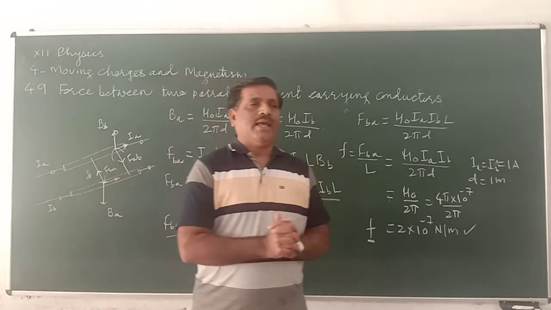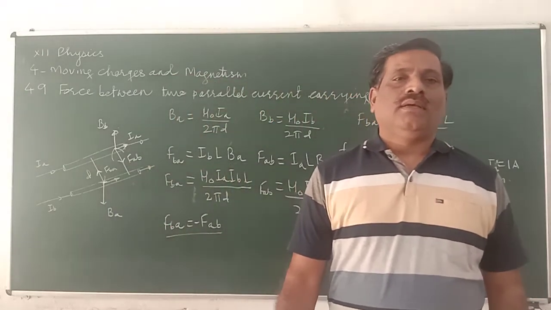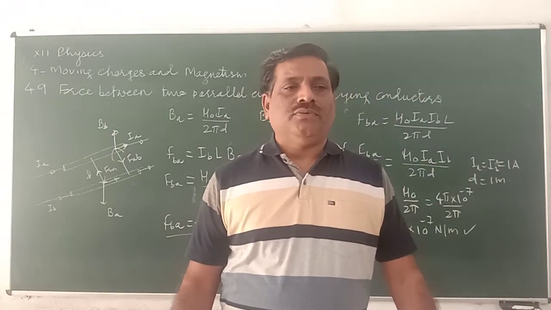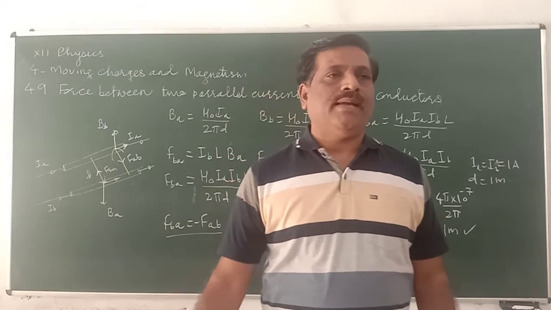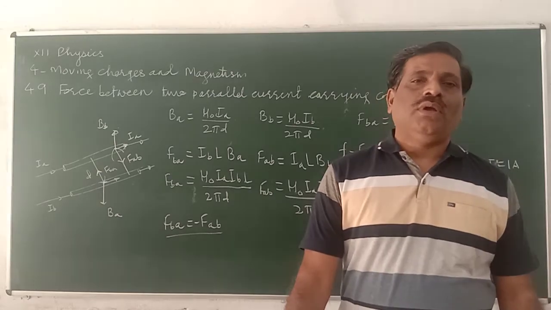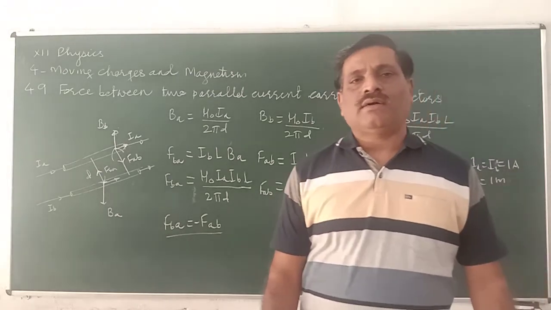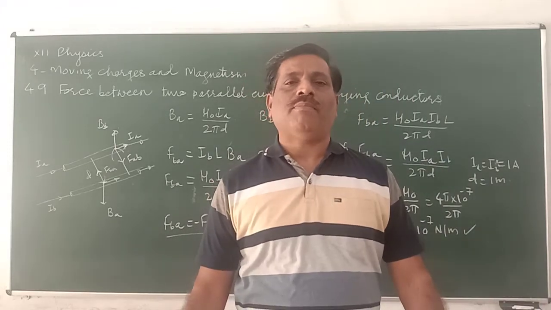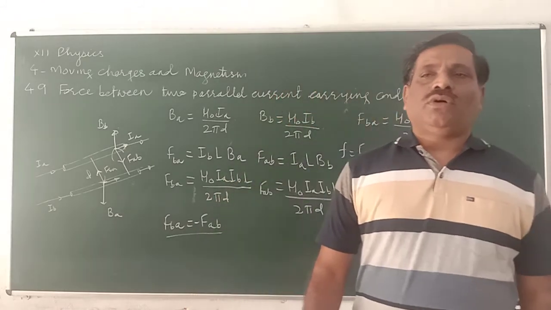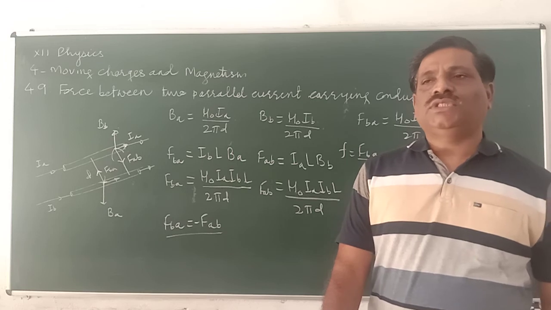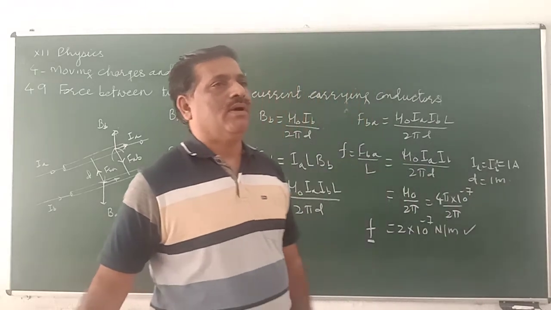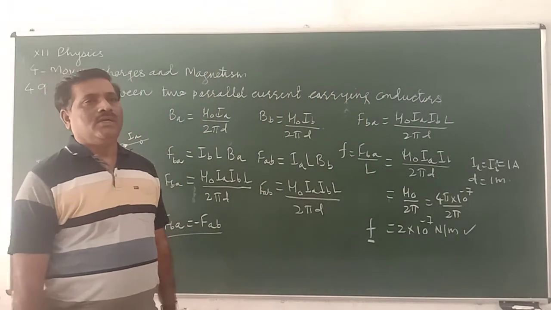Once again I repeat: the ampere is the value of that steady current which, when maintained in each of two very long straight parallel conductors placed 1 meter apart in vacuum, would make each of these conductors experience a force equal to 2 into 10 raised to power minus 7 Newton per unit length.